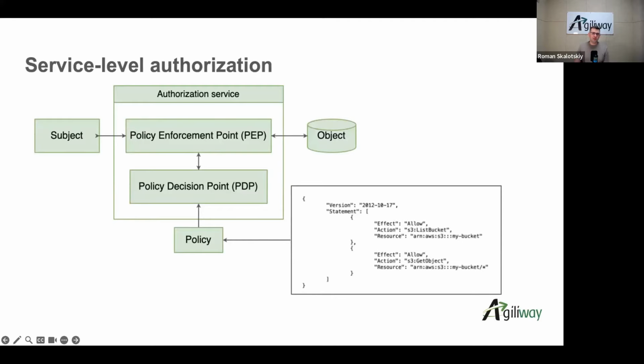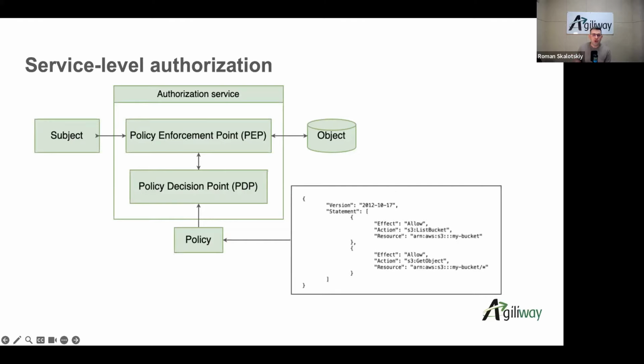Service-level authorization in a microservice architecture involves managing and enforcing access control at the level of the individual services. This is crucial for ensuring that only authorized services or users can access specific functionalities or data, maintaining the security of the system.